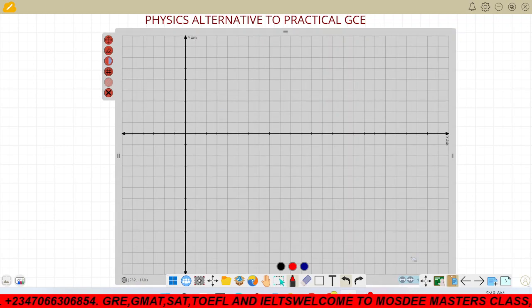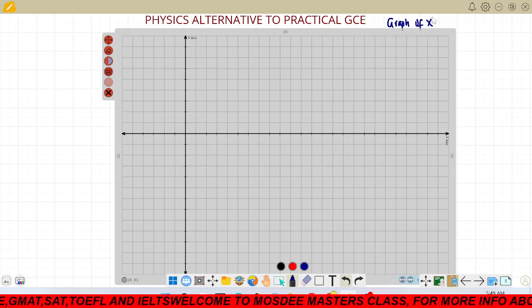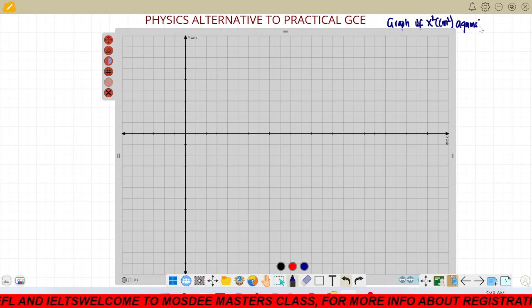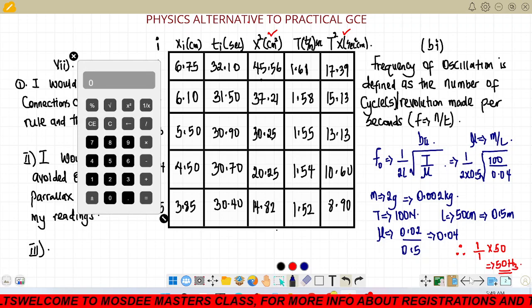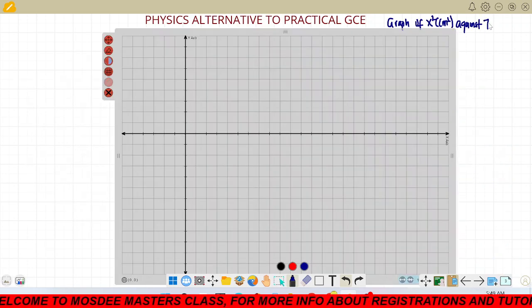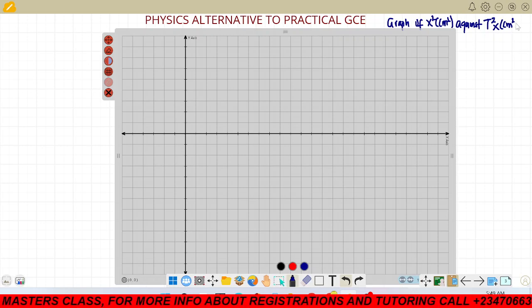Okay, fine. So now I have to label a graph, no matter how. So this is a graph of x squared in centimeter squared against t squared x in centimeter squared seconds.